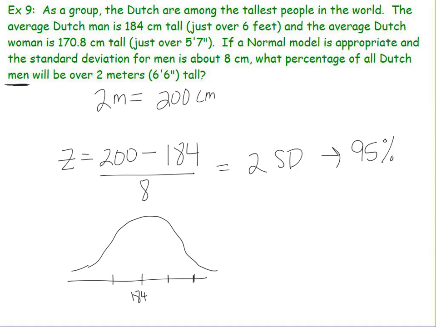Now we're going out 2. This is where 200 was. So over is all of that. Just like we did on the previous example, we need to take the high, which going that way forever is 100, minus the low cutoff, which was 95%. That leaves me with 5%. I need to divide that by 2. And what percent of Dutchmen are over 2 meters? 2.5%.